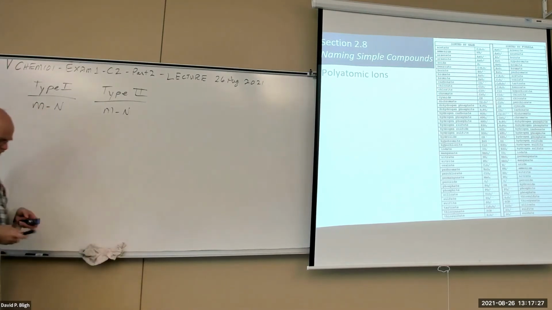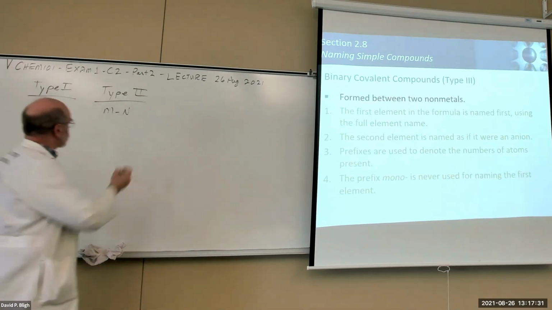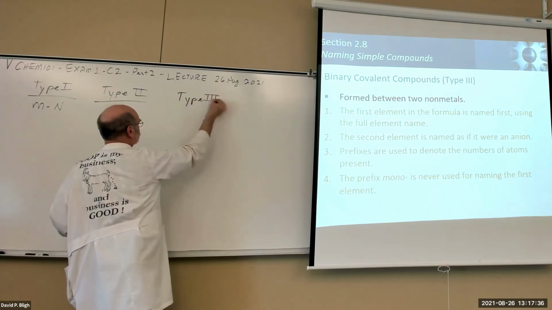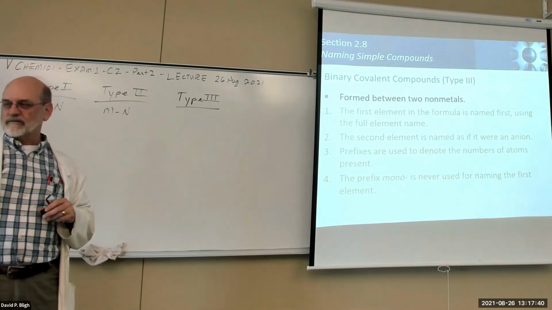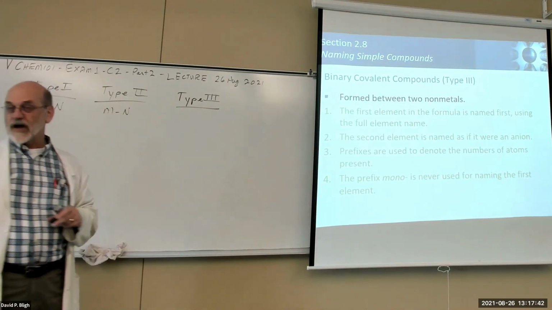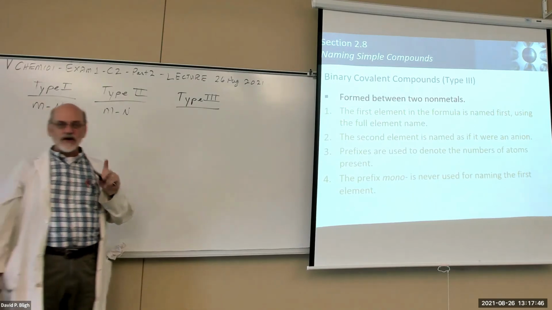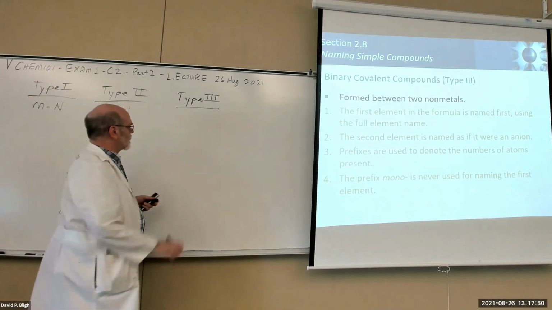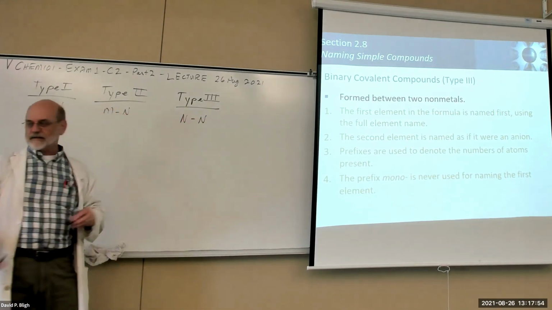So now we need to go to type 3s. Type 3s are actually the easier of the bunch. Type 3s pick up where your question was. In type 3s, you actually say how many of each one you have because they don't have a charge. And it's always non-metal, and they're always covalent.